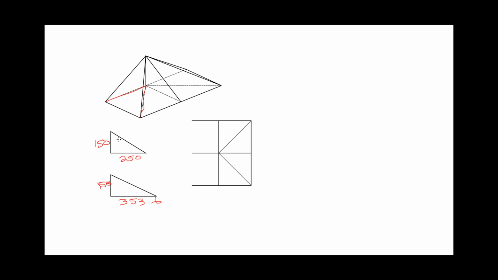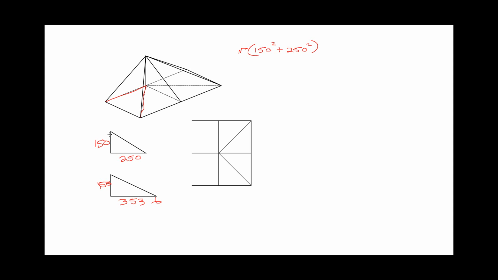And so what we need to do is calculate the hypotenuse of each of these to start. Let's go ahead and do that. I'll write down exactly what you should be typing in your calculator, which is what I do. It just makes it a bit easier. So square root, open bracket, 150 squared plus 250 squared, close bracket, enter.